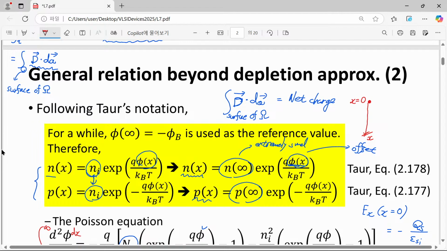The substrate contact is located at the x equal to infinity position. Since we are talking about a three-dimensional coordinate system, now we have just one real space axis, x. How about y and z? In this case, we just assume that this is homogeneous. So for y, and if we have just the right-handed rule, then we will have this z.